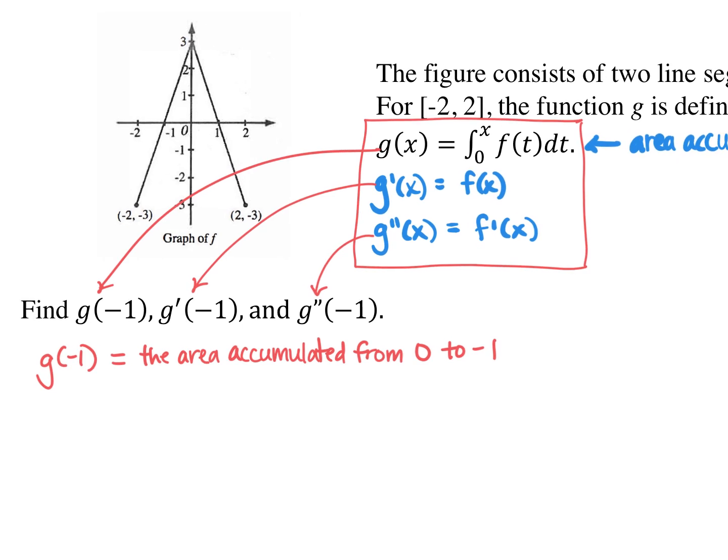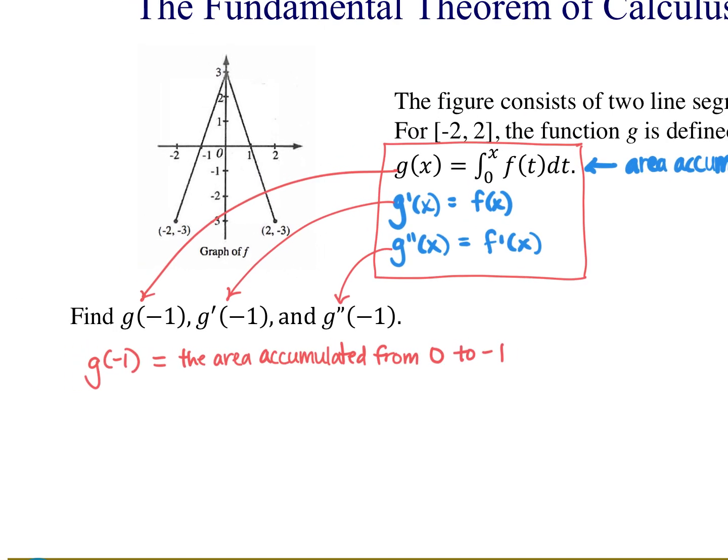That is the area accumulated from 0 backwards to -1. So what shape is that on my drawing? It's a triangle, but it's a backwards triangle, and so the answer should be negative because I'm working backwards. What is the size of the area of the triangle? -3/2. Half base times height for a triangle.